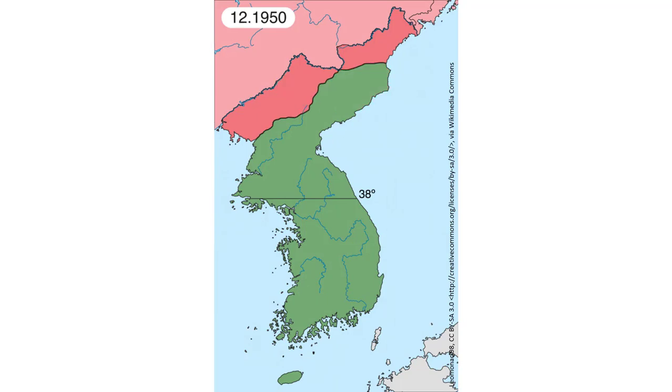NATO forces led by the U.S. launched a counterattack that caused the northern forces to retreat all the way to the border with China. At this point, 1 million Chinese troops poured over the border and pushed the NATO forces back. By 1953, the border between the north and south was set near its original location.